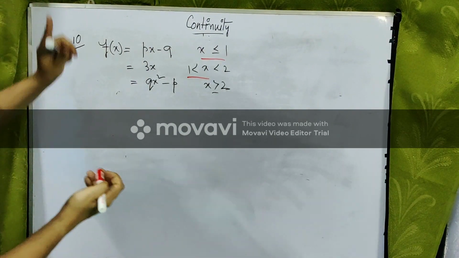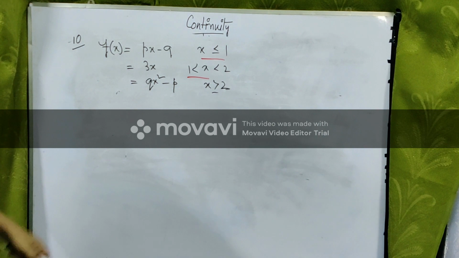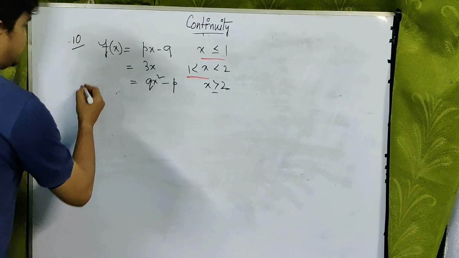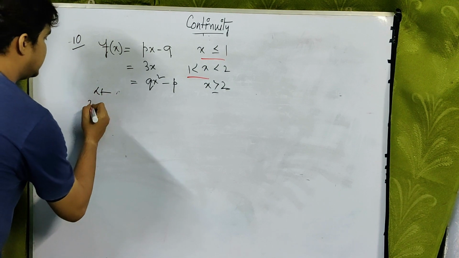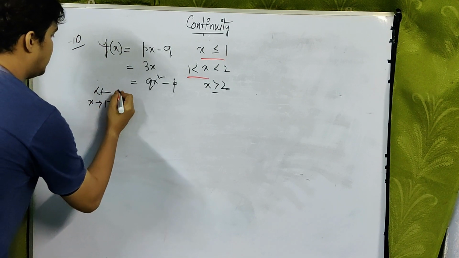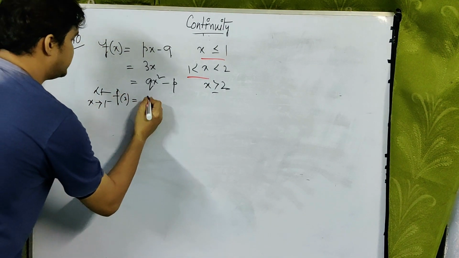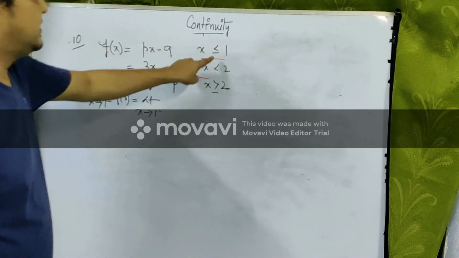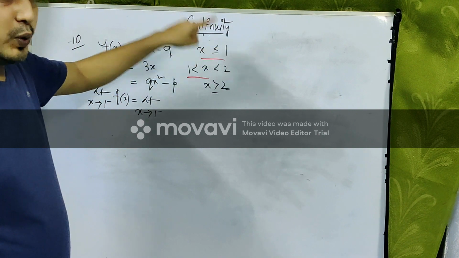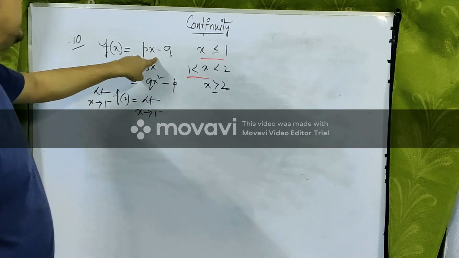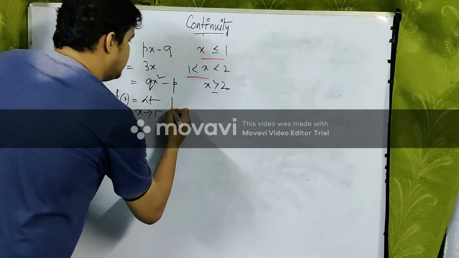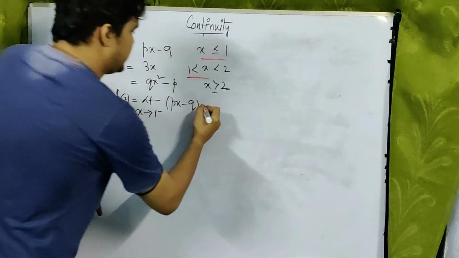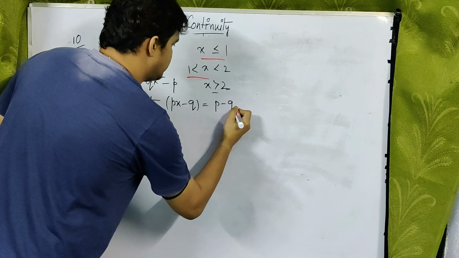Now, because it is continuous at x equals to 1, limit x tending to 1 minus f(x), how is it defined? When the value of x is less than 1, it is defined in this way, so it will be px minus q. Now if I put x equals to 1, I get p minus q.